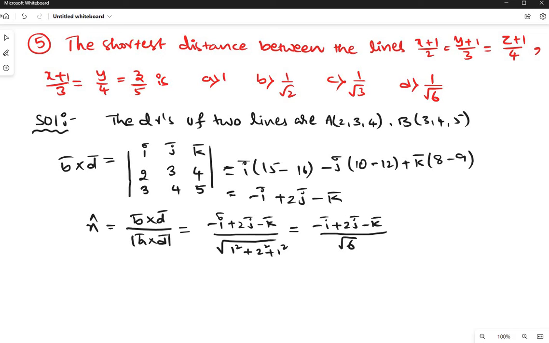Now we are going to identify c bar minus a bar from the points, because those are the points the lines are passing through. We know the shortest distance between skew lines, and here also we need the shortest distance between the lines.